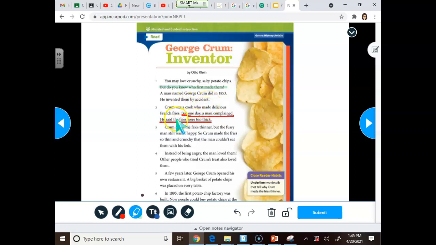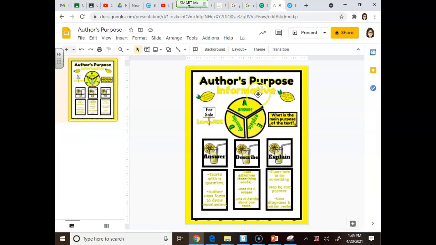That's fact number 2. Crumb was a cook who made delicious French fries. That's fact number 3. Look at all the facts we're getting. So already we found the type of author's purpose. The author chose to ask a question and answer it using facts.